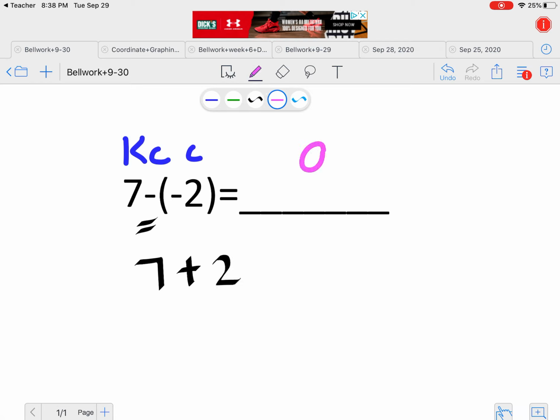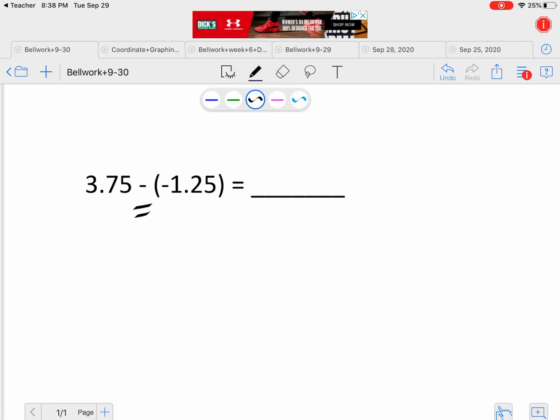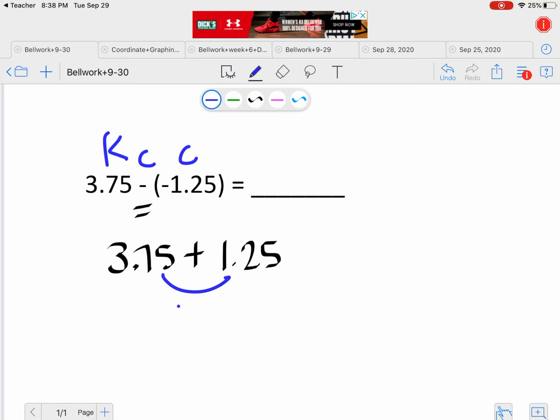The bottom row, again, if I see the subtract sign in the middle, I'm going to do keep, change, change. Keep 3.75. Change the subtract to be add. Change negative 1.25 to be positive 1.25. Now these numbers are the same.